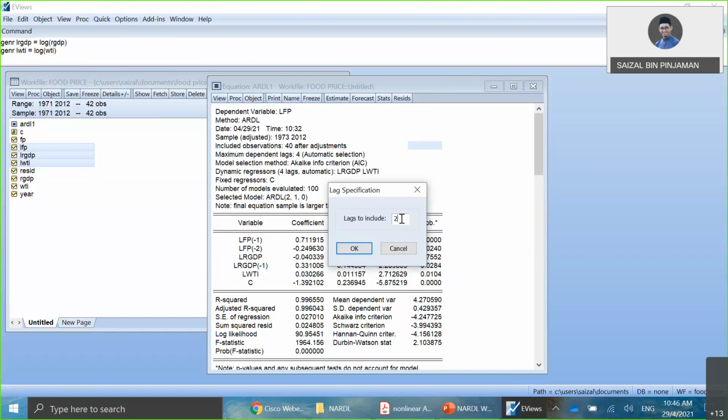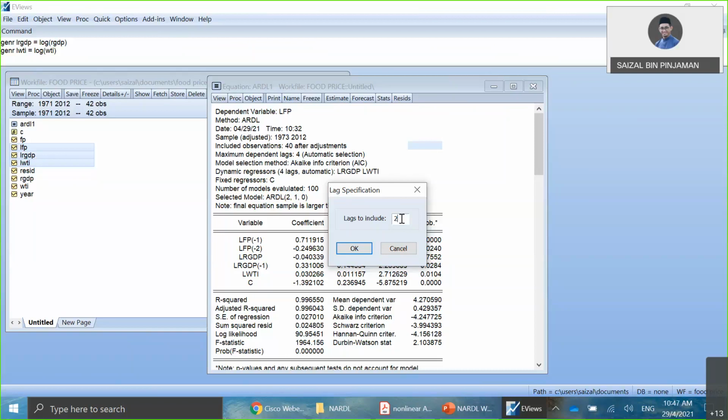If we use two, for example, basically we can simply include two lags because this is the default choice for the ARDL model, sorry, for EViews. You can include 3, 4 lags, but two is fine. Two lags mean you include two lags in the error term to see how it influences the current error term. So that is what it means.